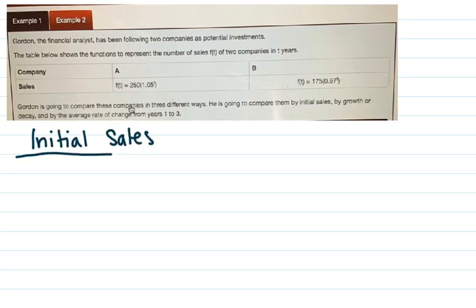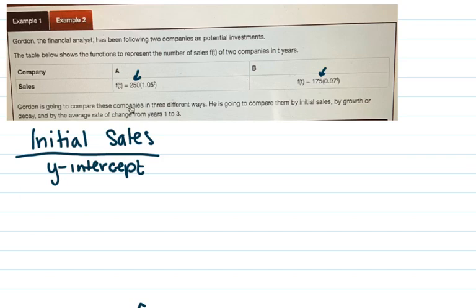When you're looking for the initial sales, you're looking at the y-intercept. Especially if it's a graph, you're really going to look for the y-intercept where it crosses the y-axis. We're given a function to model these 2 companies, and so I'm still looking for the y-intercept, but we know that the y-intercept is right here. It's that P in our formula, right?